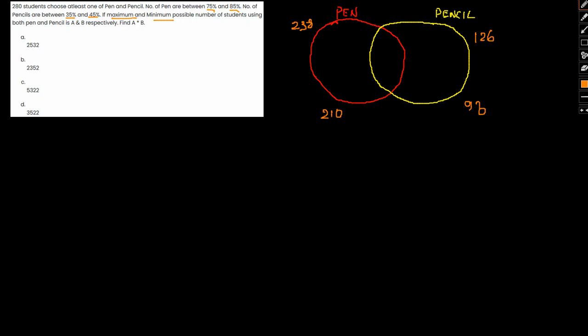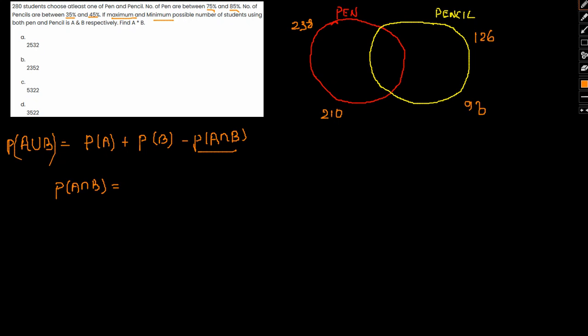Let me take pen as A and pencil as B. So A union B can be written as P of A plus P of B minus P of A intersection B. So we need this A intersection B. Therefore P of A intersection B can be written as P of A plus P of B minus 280, because we know the total is 280.